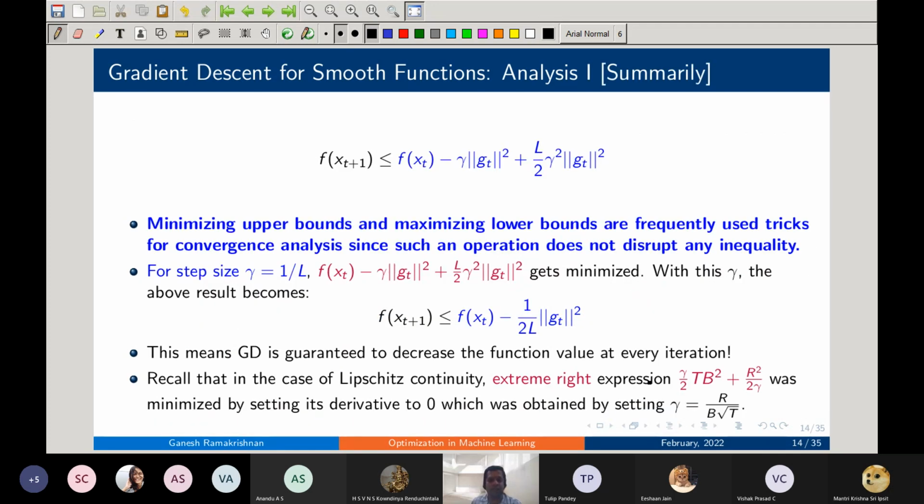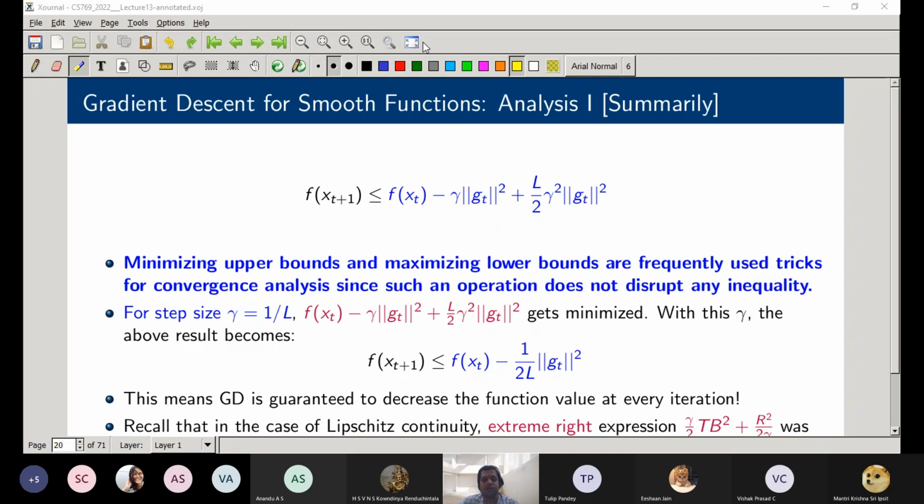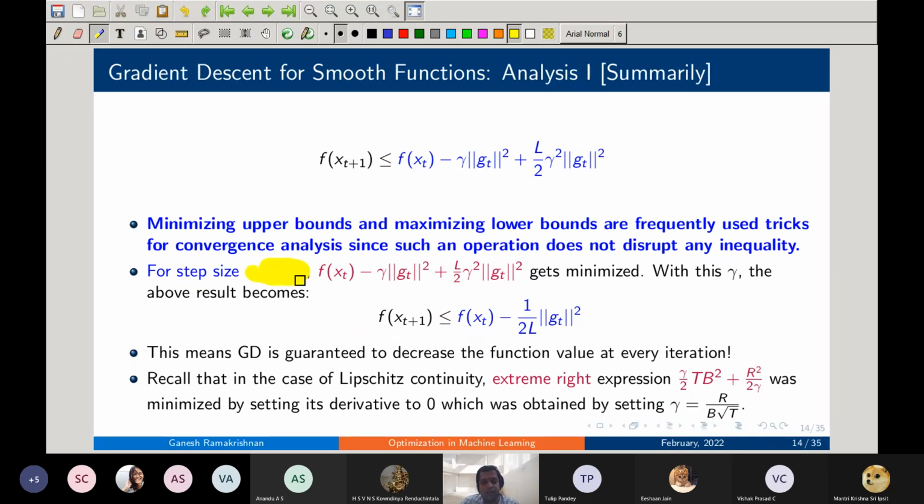I'm just recapping how the tricks of minimizing upper bounds and maximizing lower bounds are useful. Here, for example, we got gamma equals 1 by L. But let's contrast for a minute what happened in the worst case. The best case could have been different. So this is the worst case in the case of Lipschitz smoothness.